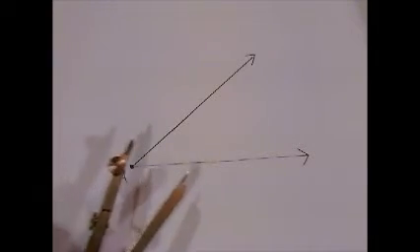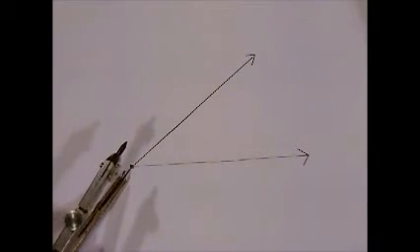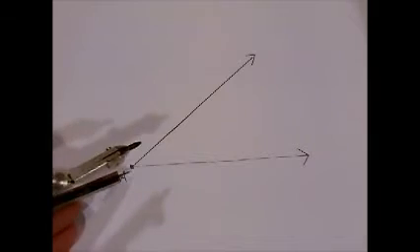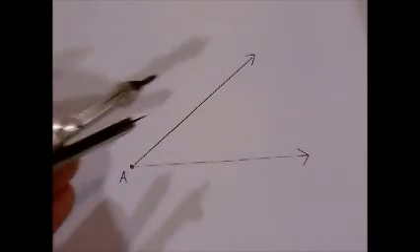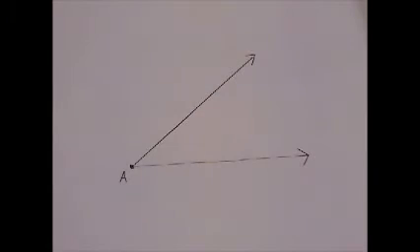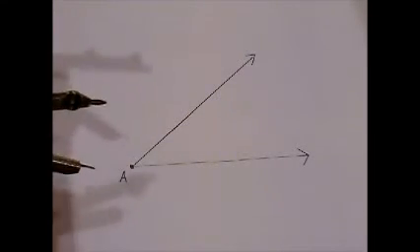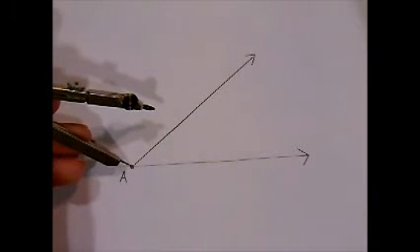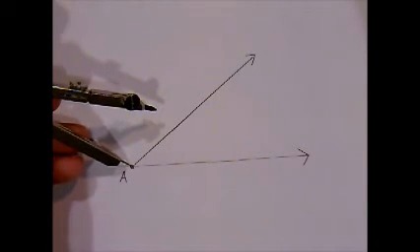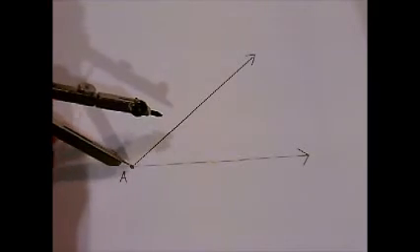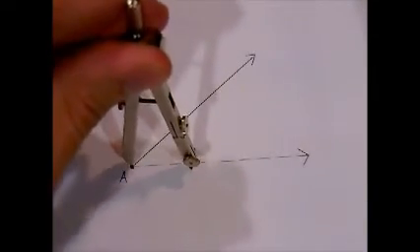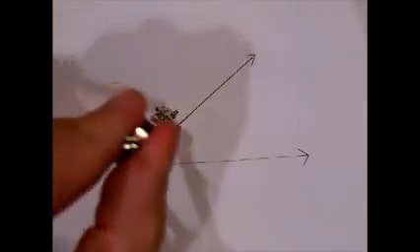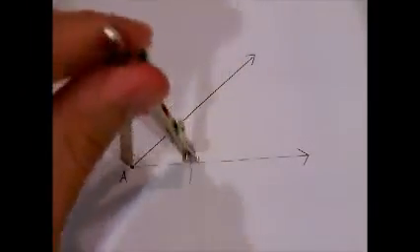Alright, so we're given this angle, angle A, and we want to have a ray go through it, so it divides the angle into 2 equal angles that are smaller than the original one. So let's see. First, place the needle at the vertex of the angle A. Draw an arc with the compass that goes through the sides, like that.